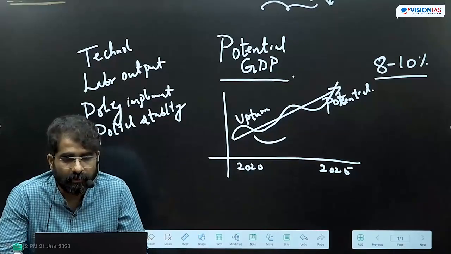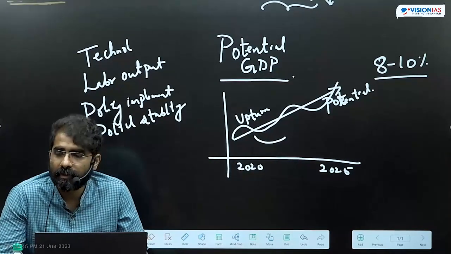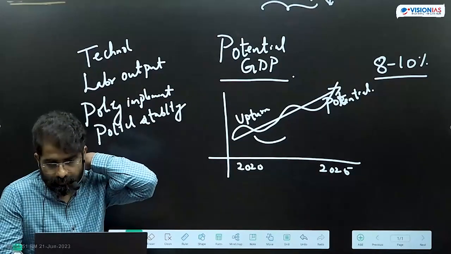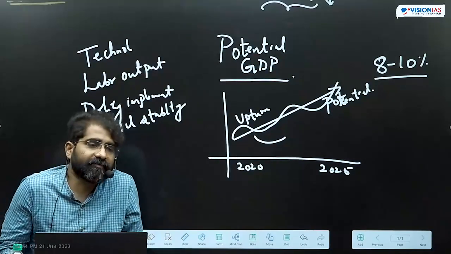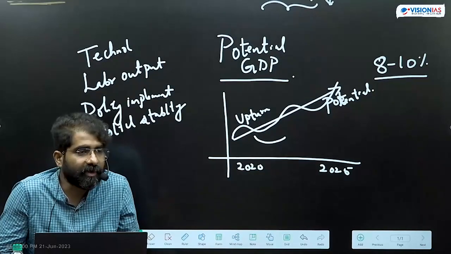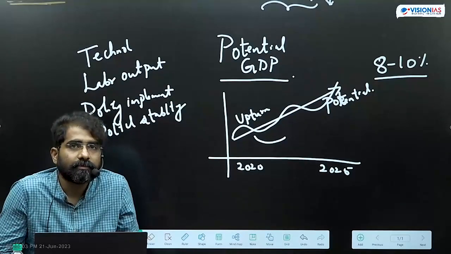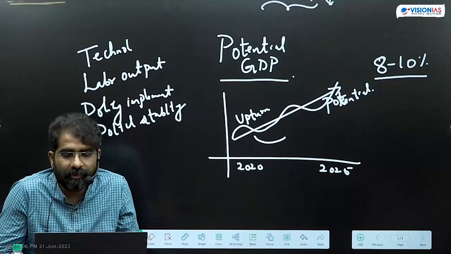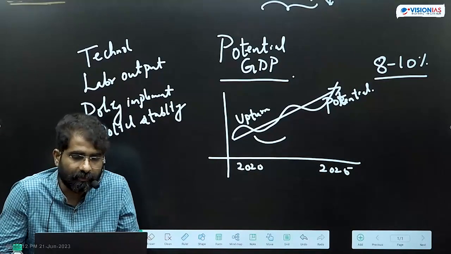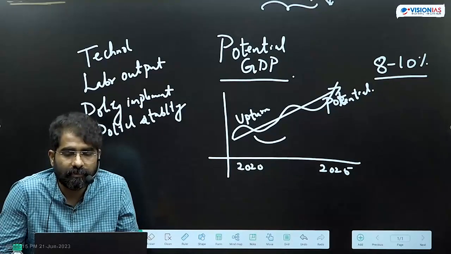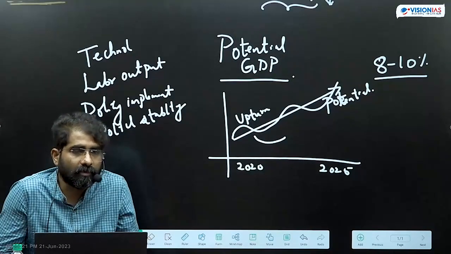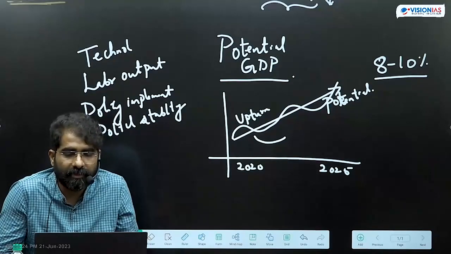Okay, so next one, economic structure: the composition of economic industries and the distribution of economic activity can impact the economy's potential for growth.